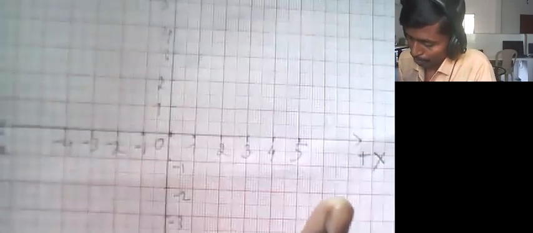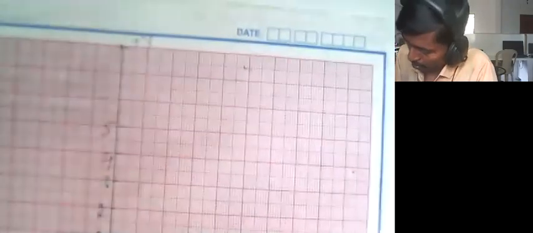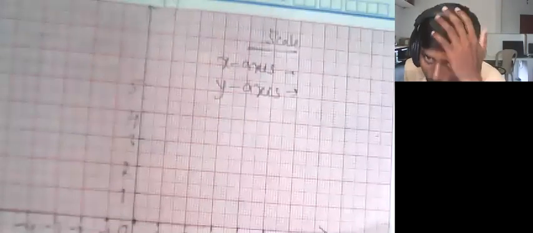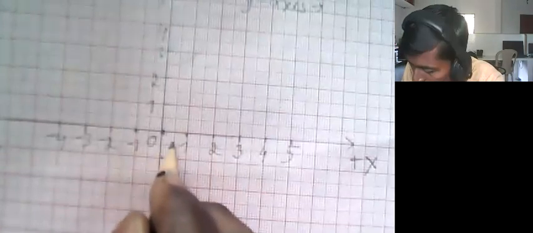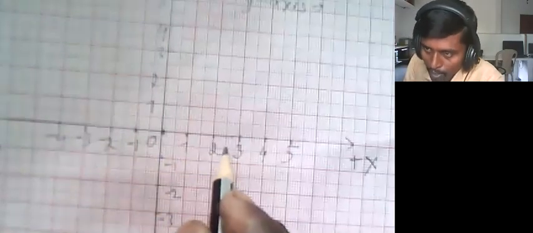Before we plot, first you have to write the scale. Scale is important. You have to write the scale for the x-axis and also for the y-axis. What is the scale? From 0 to 1 it is 1 centimeter, 1 to 2, 1 centimeter, again 2 to 3, 1 centimeter.